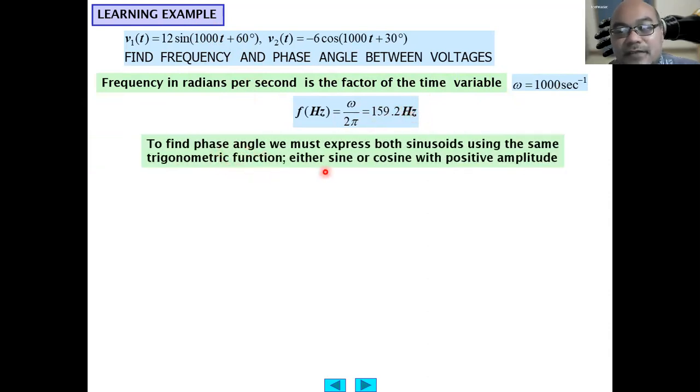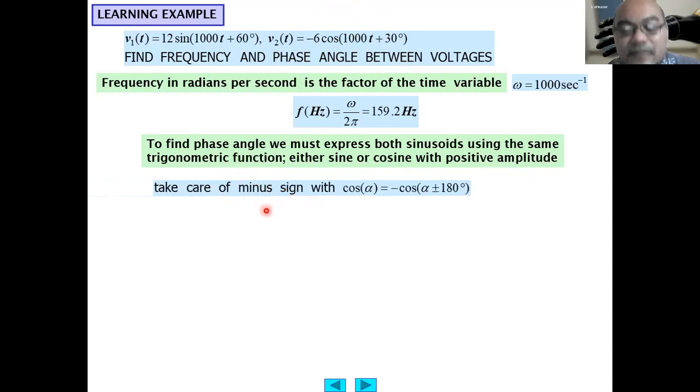Now, to find the phase angle, we must express both sinusoids using the same trigonometric function. It's up to you which one you want to choose, either cosine or sine, with positive amplitude. So we have to put this negative into the phase terms, inside the cosine terms.